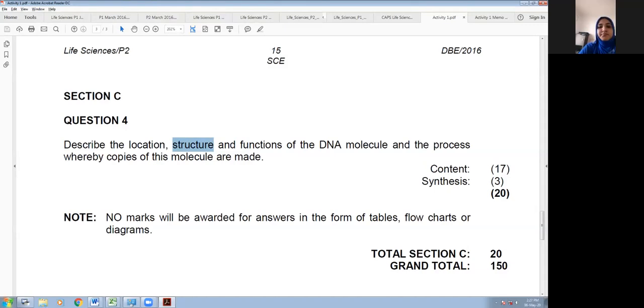Okay, we can elaborate on those. So remember, it's not name the structure. Naming would be part of that. But now, if you're saying it's made up of nucleotides, then let's describe the nucleotides. Let's go from there.